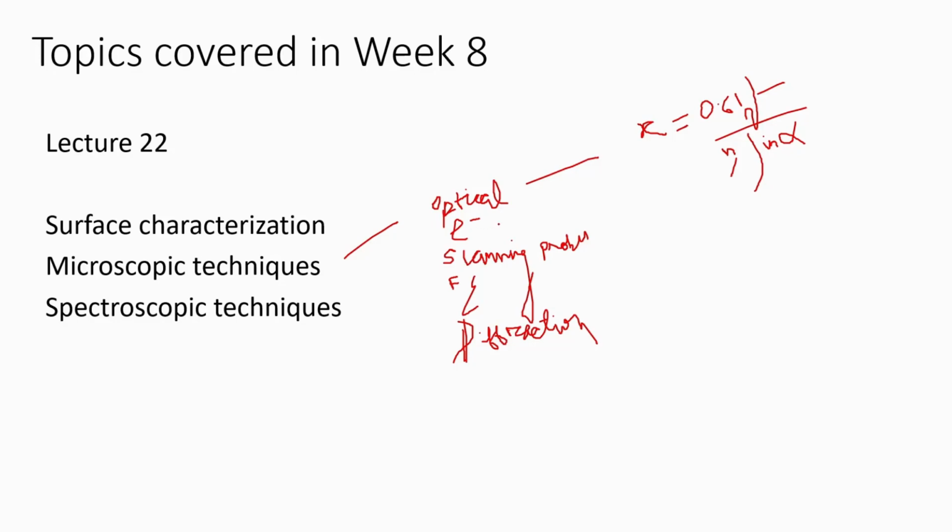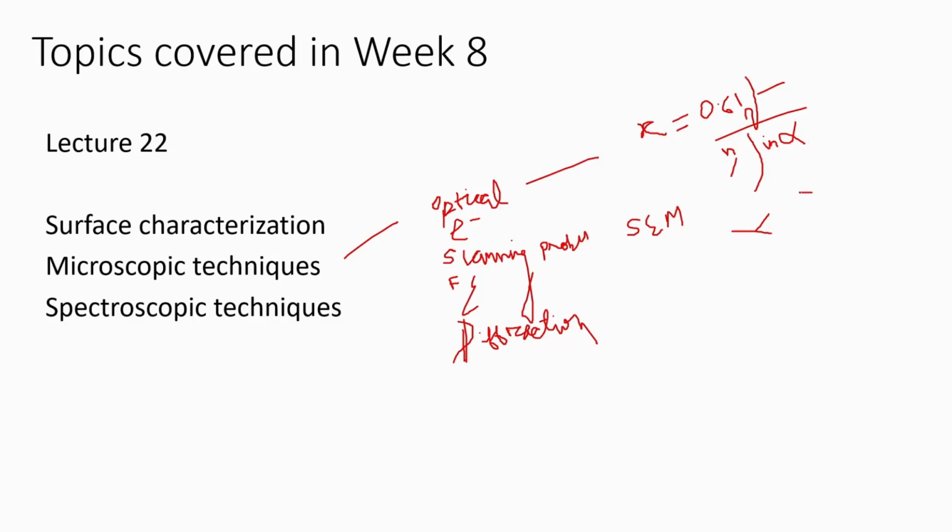Then the different electron microscopes were discussed, such as the scanning electron microscope, wherein high energy electrons are bombarded onto the surface, and based on the emitted electrons, that could be either X-rays, backscattered electrons, secondary electrons, or Auger electrons, the images can be analyzed.